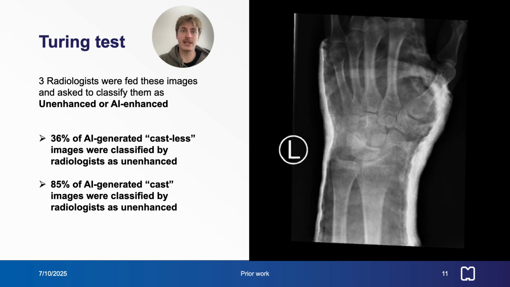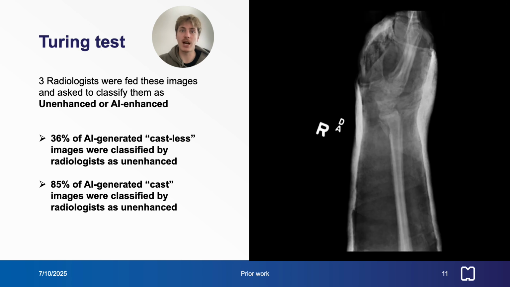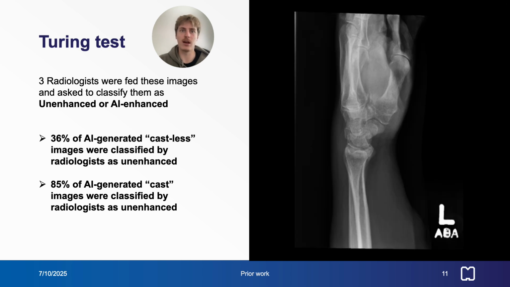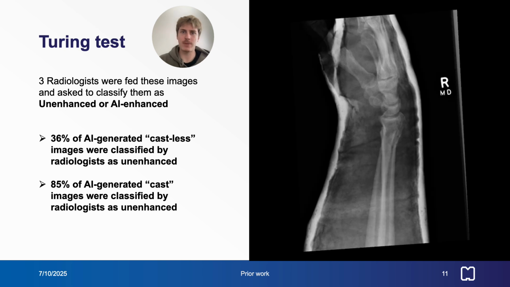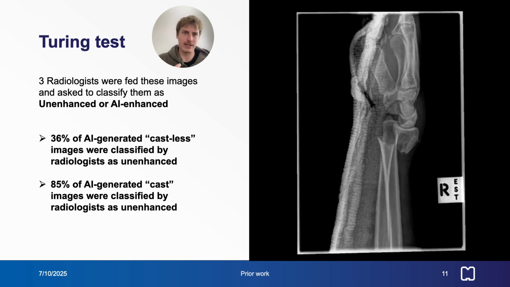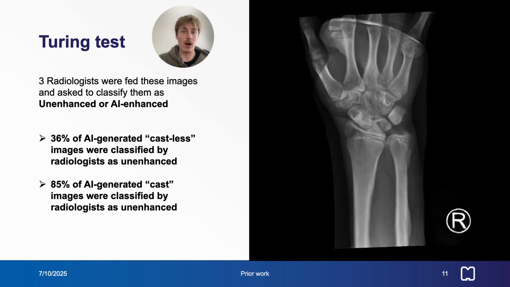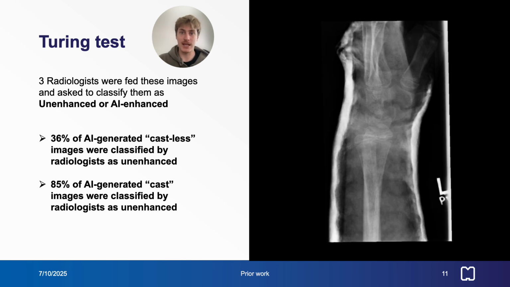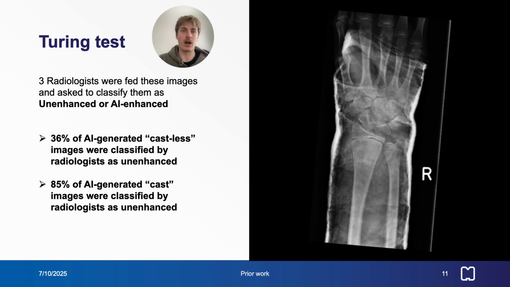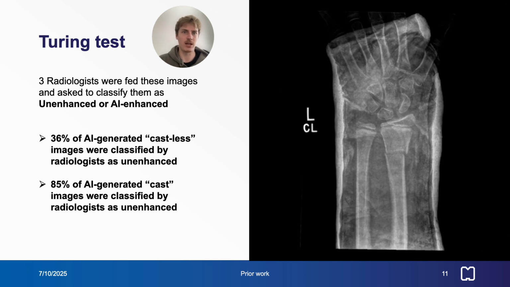We found that 36% of AI-generated castless images were classified by radiologists as unenhanced. This shows that typically, radiologists could see that the cast suppression model had been applied. However, 85% of generated cast images were classified by radiologists as unenhanced.